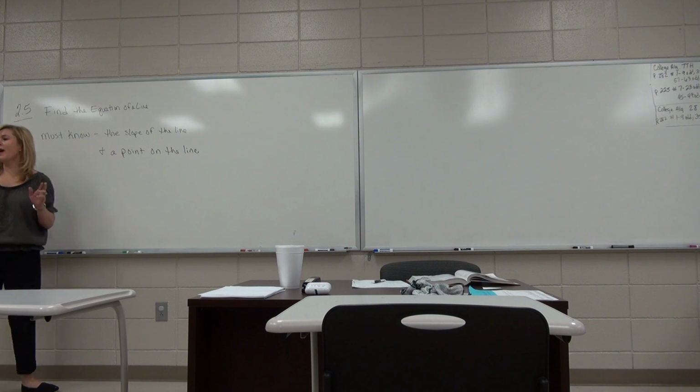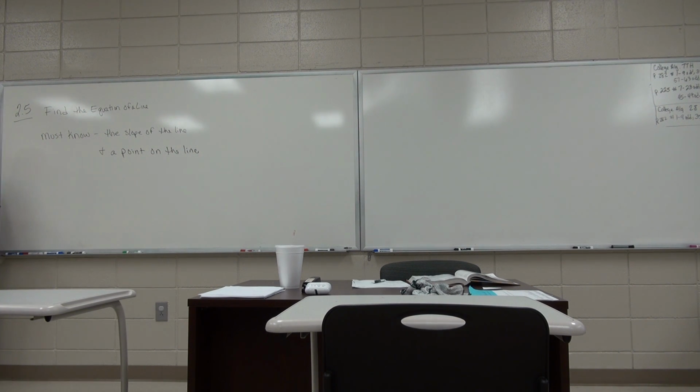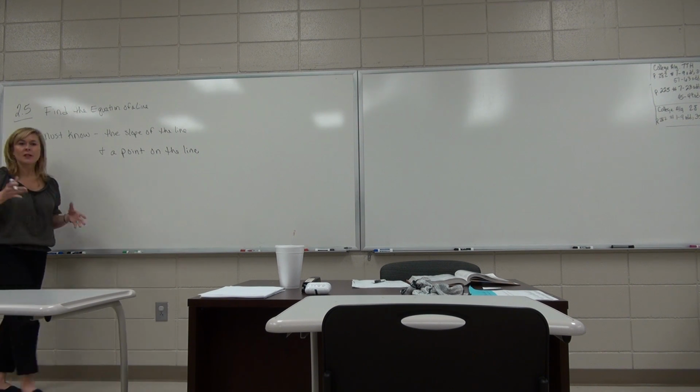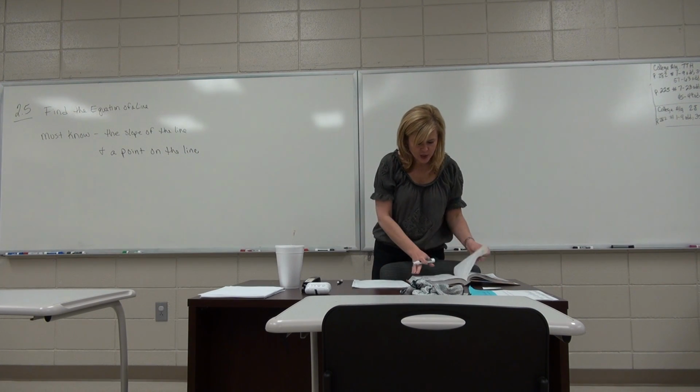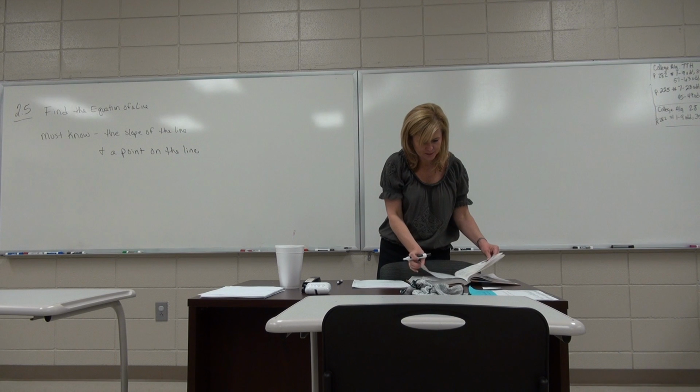There are actually two ways you can find the equation of the line. I'm going to stick to the way they do it in your book and on MyMathLab, which is going to give you another formula. You'll have your formulas on the test, so that shouldn't be too bad.